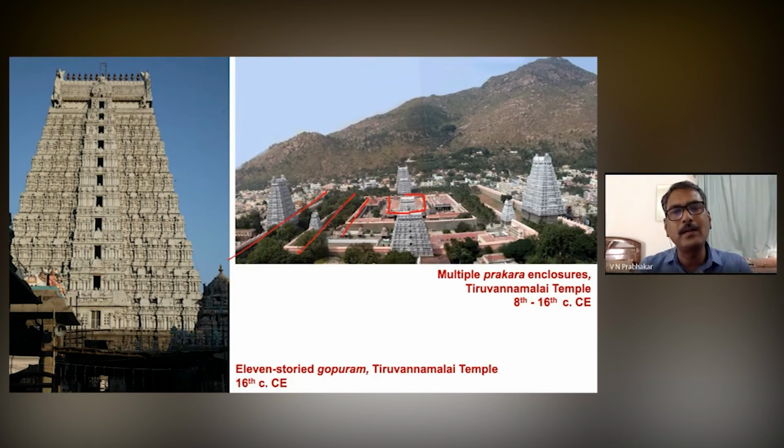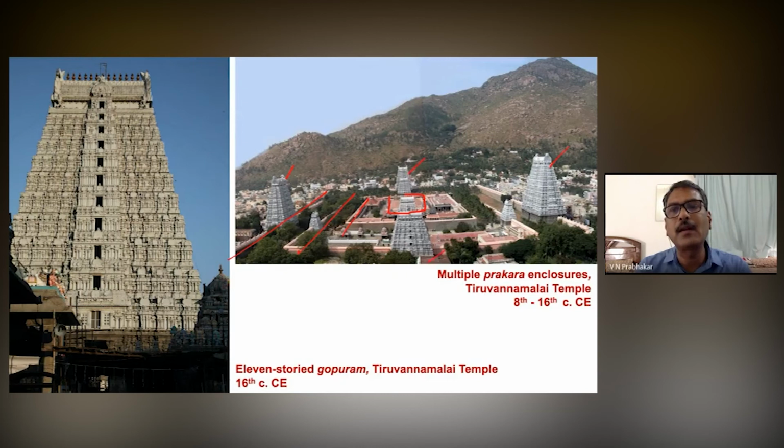So the later period additions were only horizontal expansion. Once they reached the culmination of the vertical expansion, they moved into horizontal expansion during the Vijayanagara and the Nayak period, and they were adding additional prakaras, and adding the gopuras on the cardinal directions.